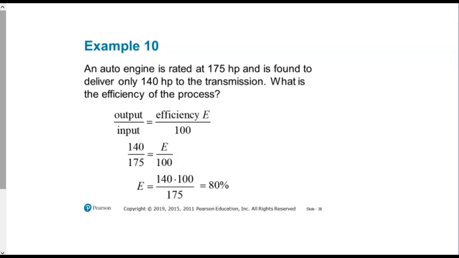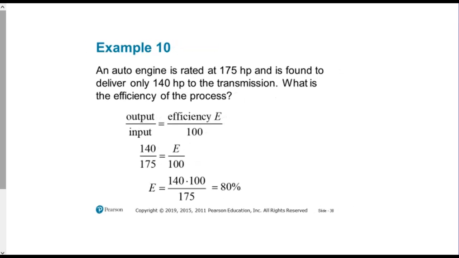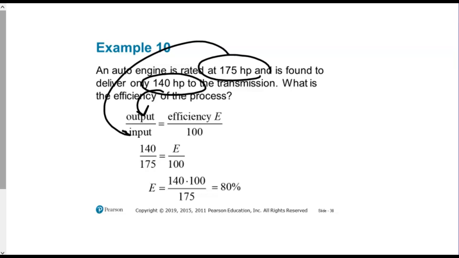Our engine is rated at 175 horsepower, so that's what it's putting in, and it's only putting out 140 horsepower. It's asking about the efficiency of the process. So we cross multiply and divide, and we find out that it is 80% efficient in this case.